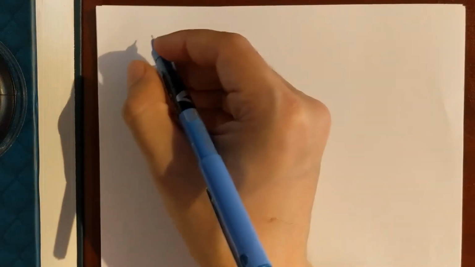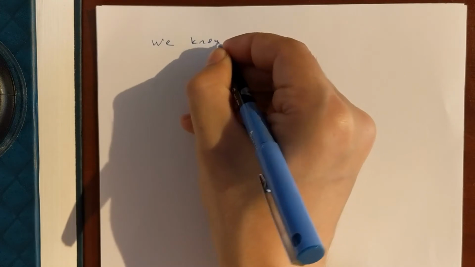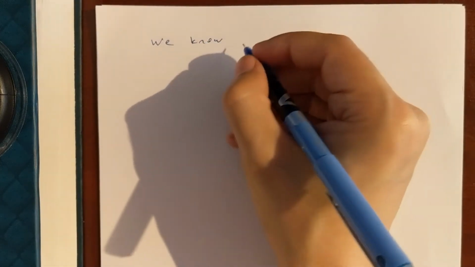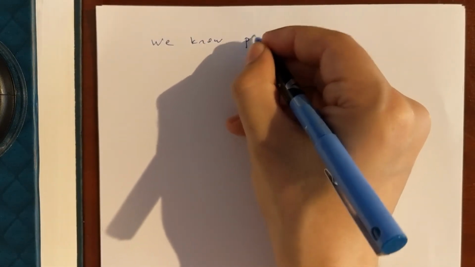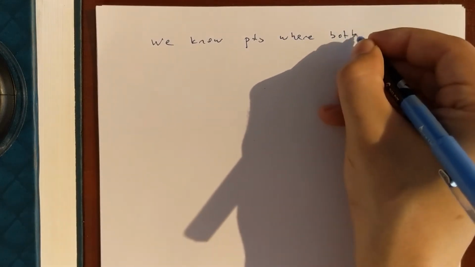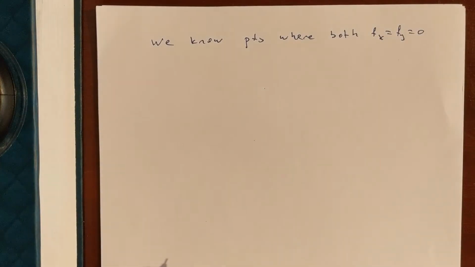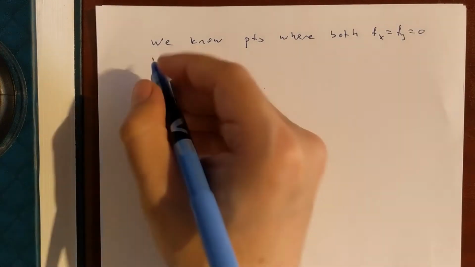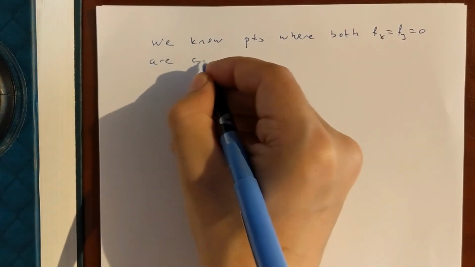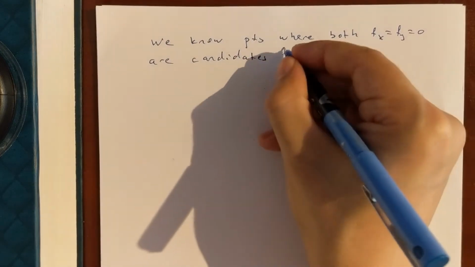Now, our issue is, okay, we know points where both f sub x and f sub y are 0 at the same time are candidates for local extrema.